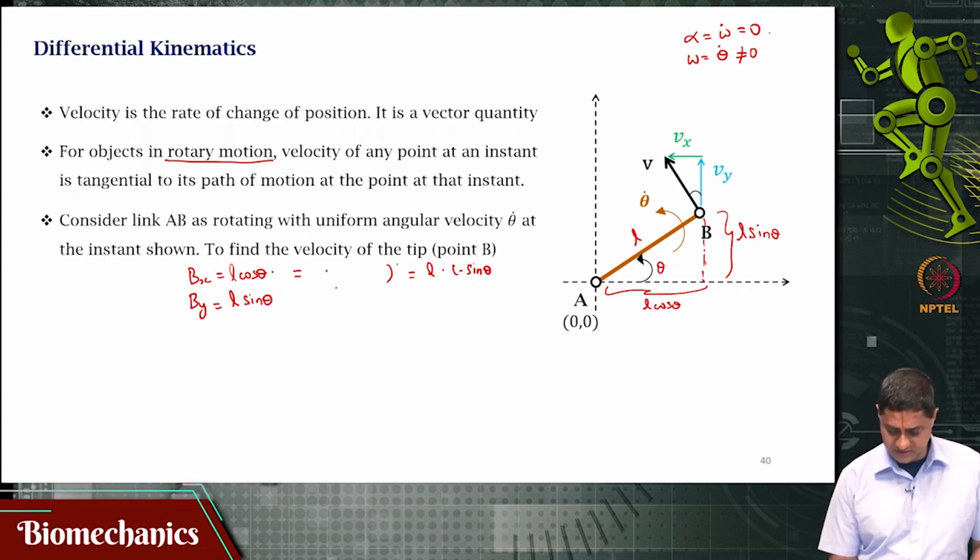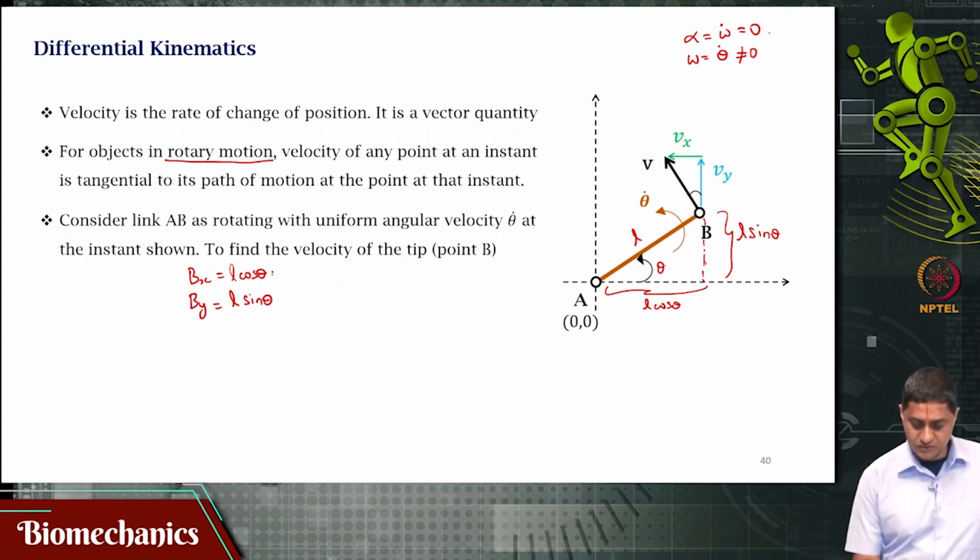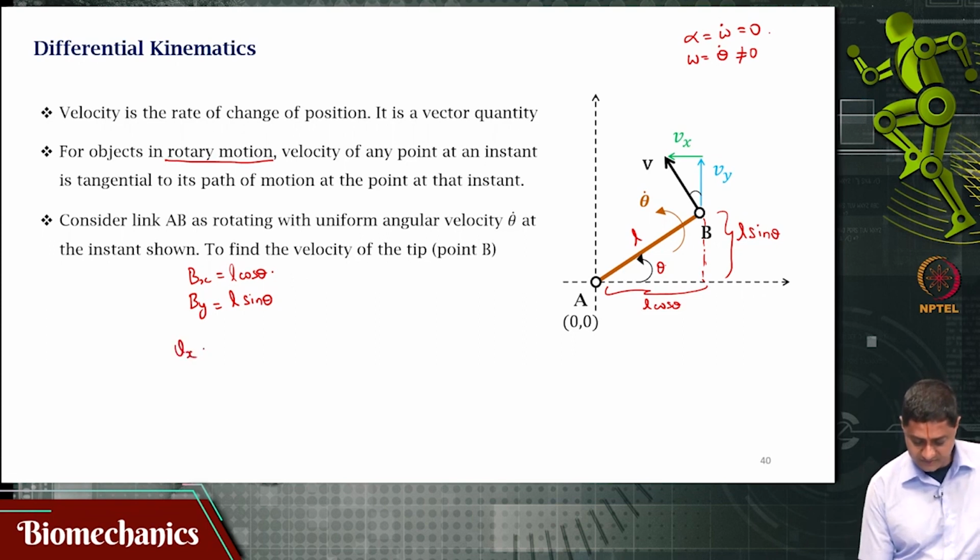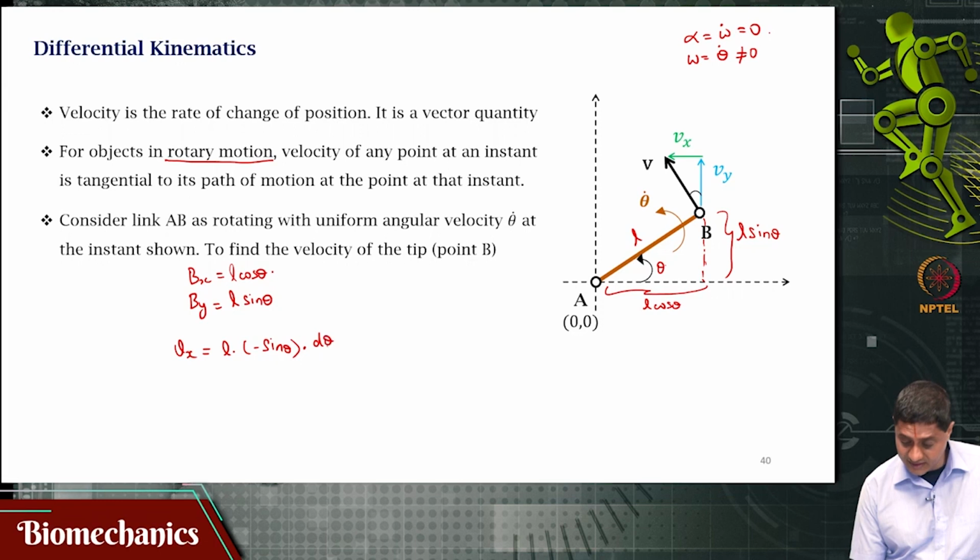Oh, no, this is not correct. Let me formulate it again because it simply says Vx. Okay, let me write this out. So, then the velocity Vx would be L times the differential of cos theta, that would be minus sin theta times d theta by dt, is it not?